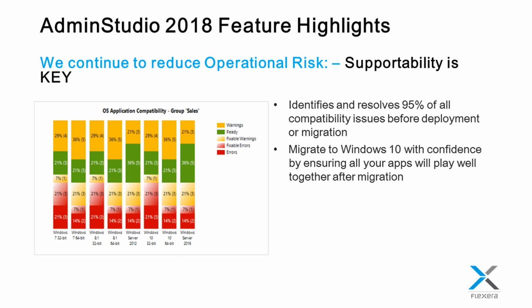We also have the supportability risk, or the operational risk side of things covered as well. You've seen this for several releases now, where we are able to identify about 95% of compatibility issues before deployment. Windows 10 is something that, as we all know, is upgrading more frequently.